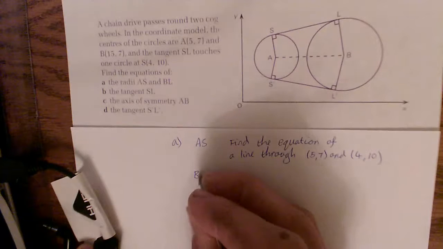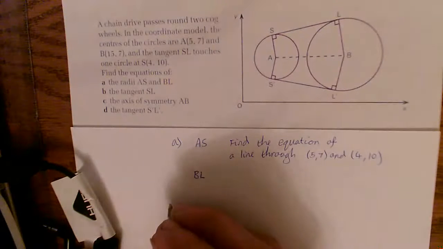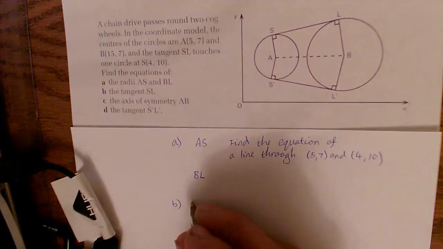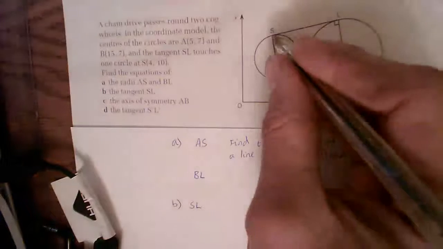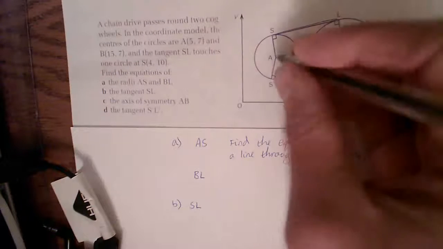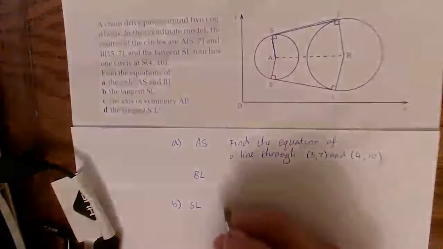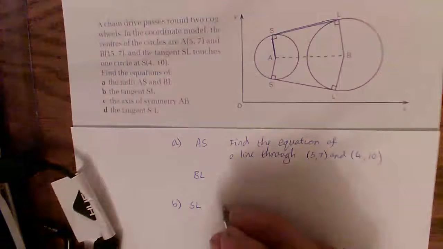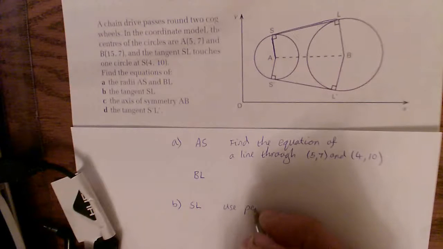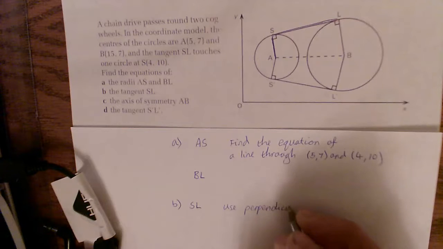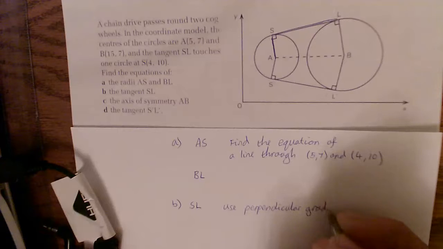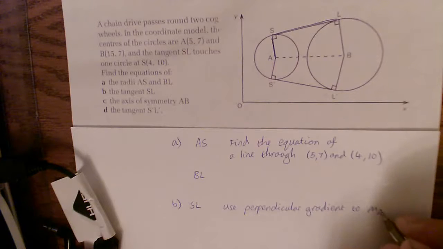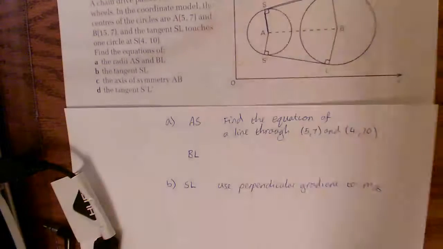I'm actually going to come back to talk about how we can do BL, because there's something we can find before BL. So SL, now that's this line here. Well, what key thing can we find? Well, if we find AS, we know its gradient, and we know that SL is perpendicular. Use the perpendicular gradient to AS. So the gradient AS, sorry, my quality seems to have gone down.